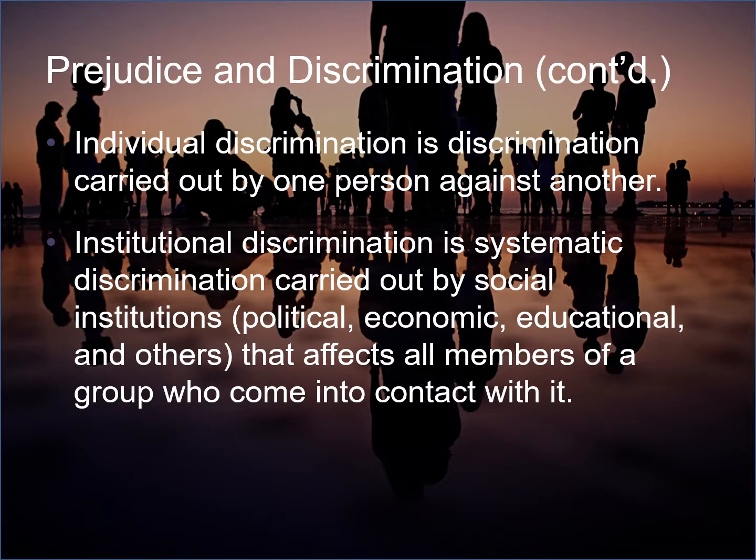It might instead be embedded in policies, rules, traditions, or beliefs, and usually no one person can be held accountable. Therefore, eliminating institutional discrimination is a significantly more challenging task than eliminating individual discrimination.